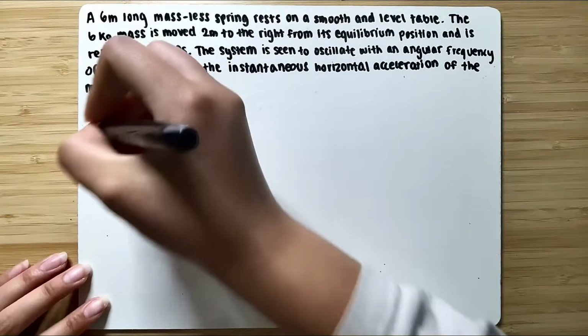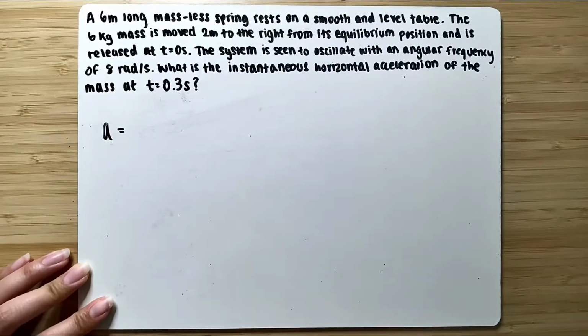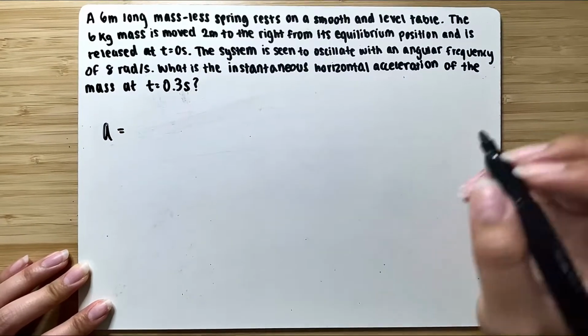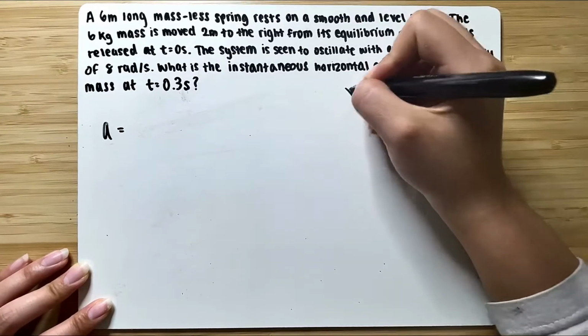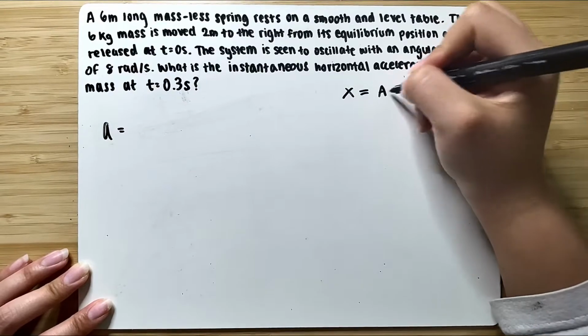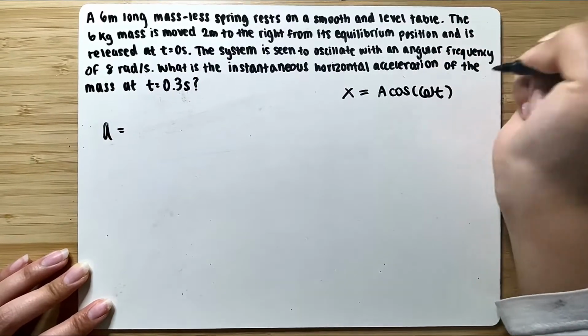Okay, so recalling our crash course video, the acceleration is going to be equal to the second derivative of the displacement equation. So the displacement equation is A cosine omega t.